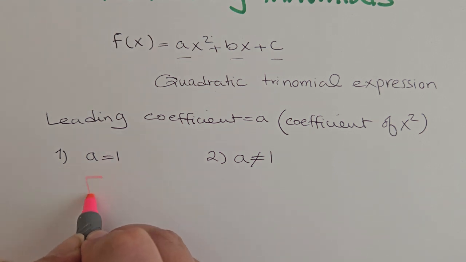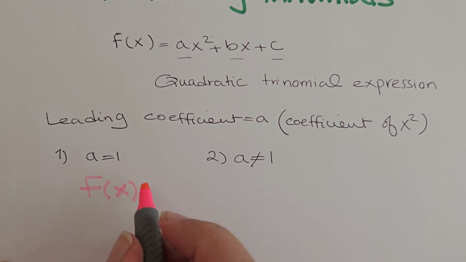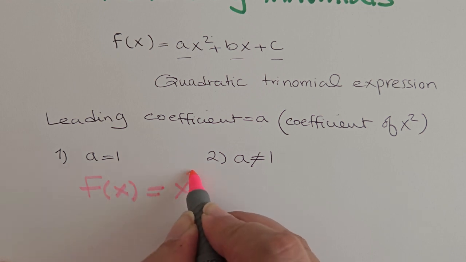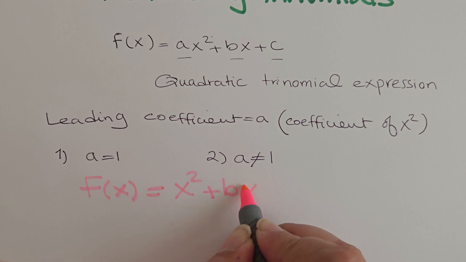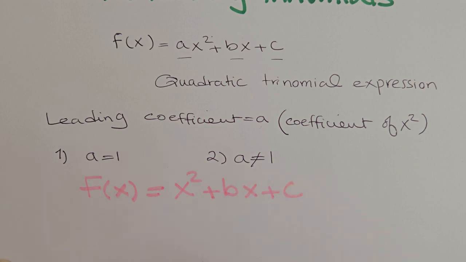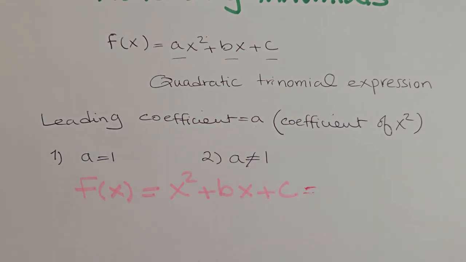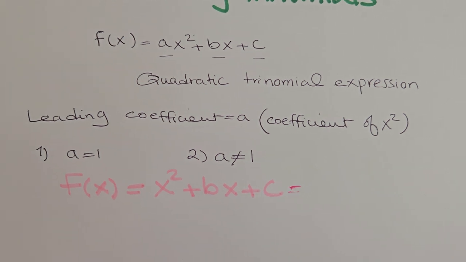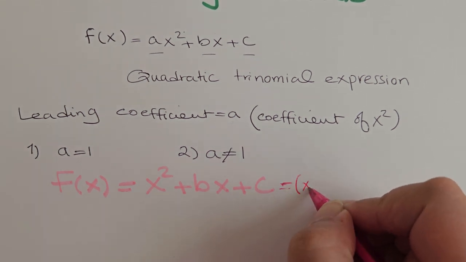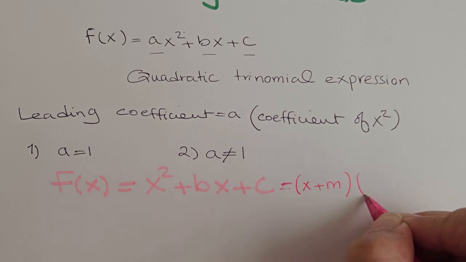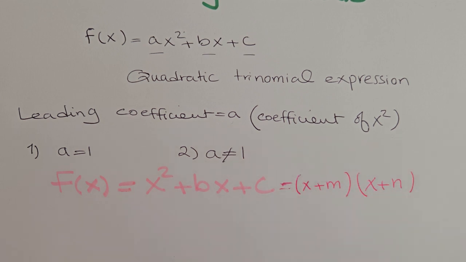Let's say f of x is equal to x squared plus bx plus c. We want to factorize this expression into two brackets, x plus m and then x plus n.